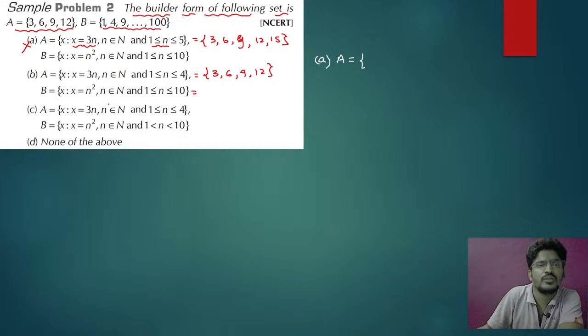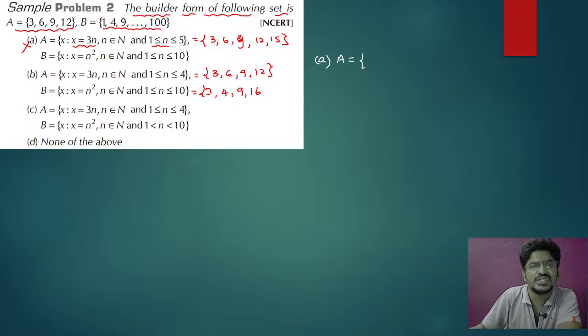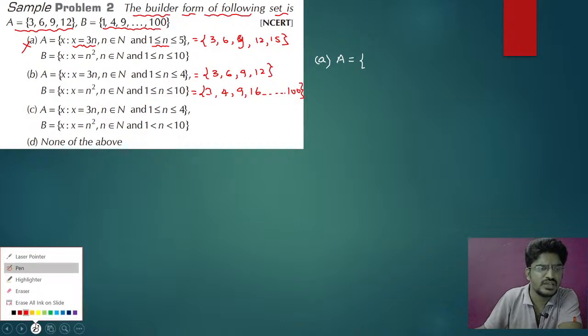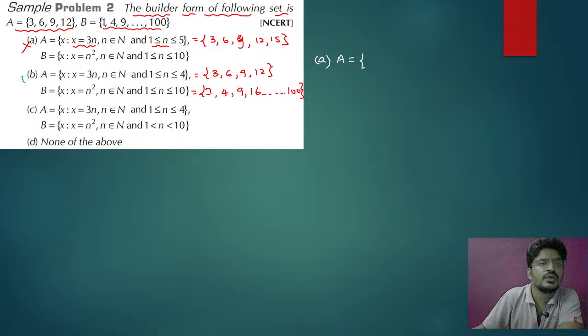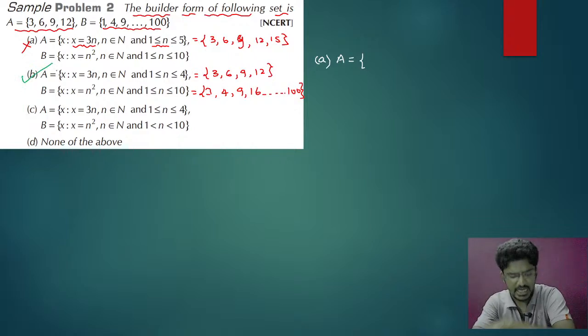Go for the next one. x is equal to n square, n belongs to N, n is in between 1 to 10, no problem. 1 square is 1, 2 square is 4, 3 square is 9, 4 square is 16, so on to the last element 10 square is 100. So you can see these are the two given sets. Therefore option B is the correct answer.